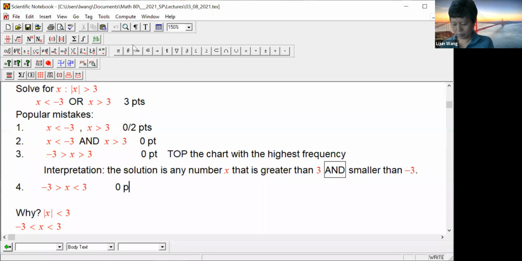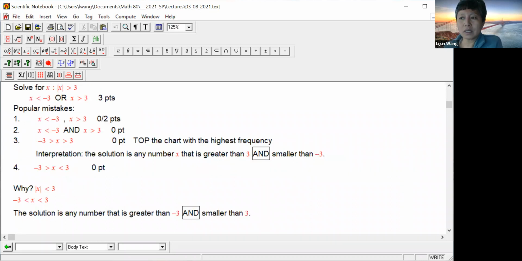0 points. Is that clear, everybody? Popular mistakes. These are the mistakes I have seen. Whenever you write these in a chain, it's always interpreted as and.